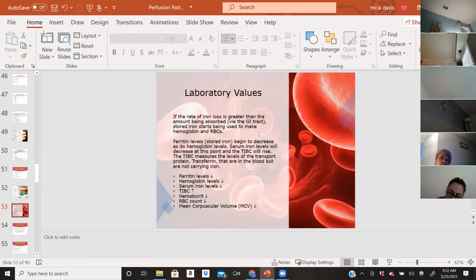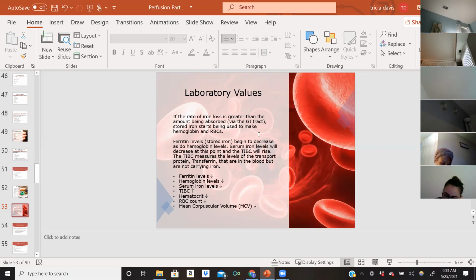So laboratory values: if the rate of the iron loss is greater than the amount being absorbed, usually absorbed through our GI tract, then the stored iron starts being used to make hemoglobin and red blood cell counts. Ferritin levels are stored in our body as iron.